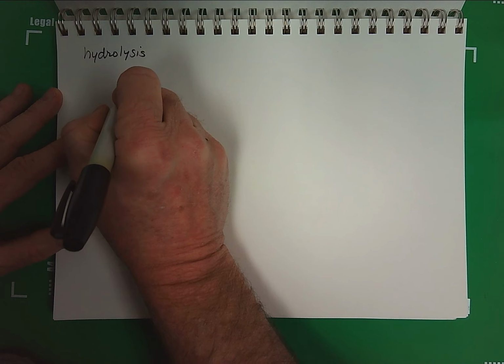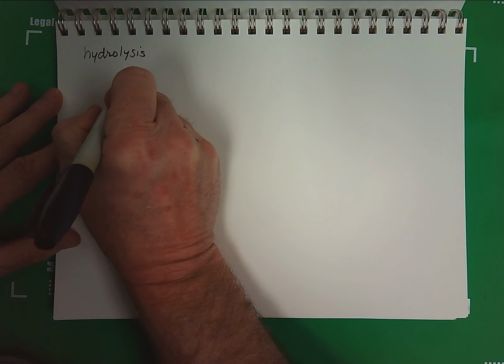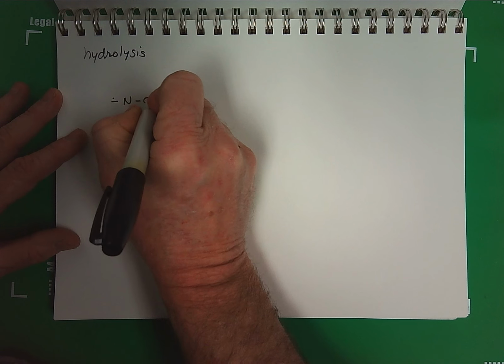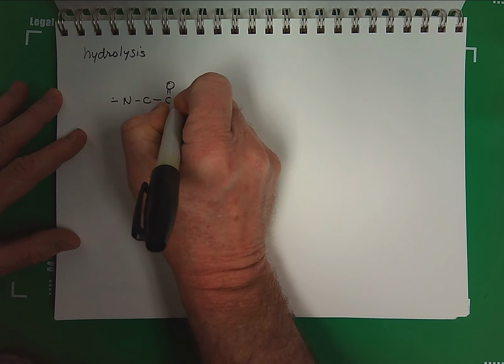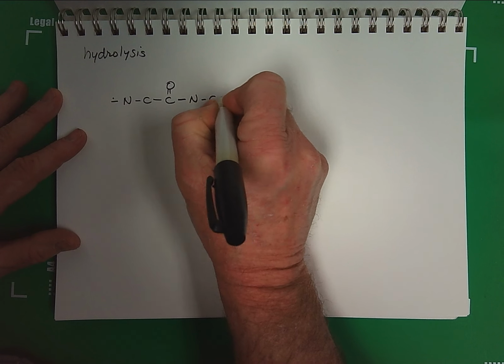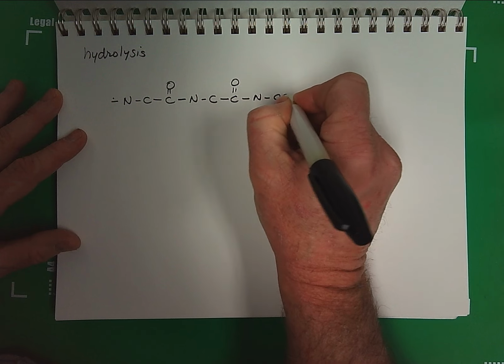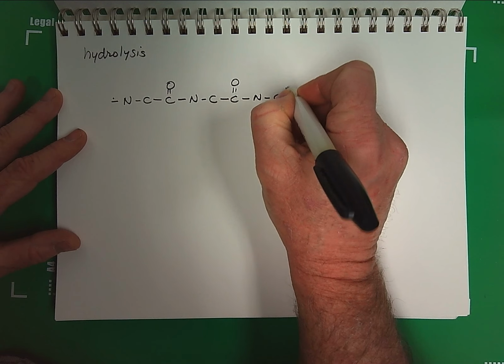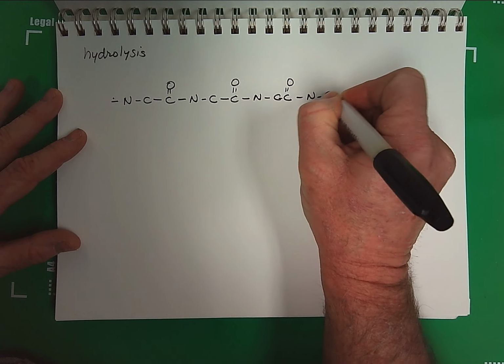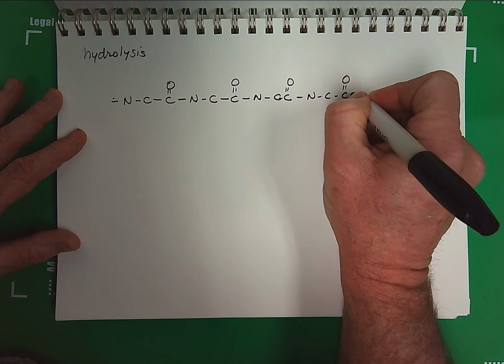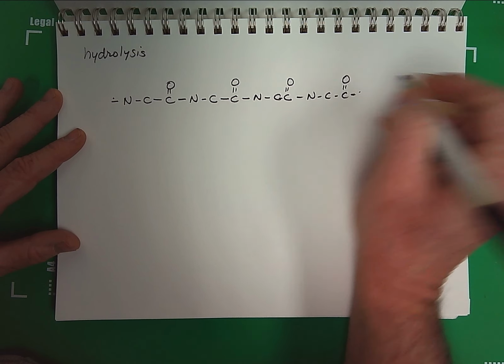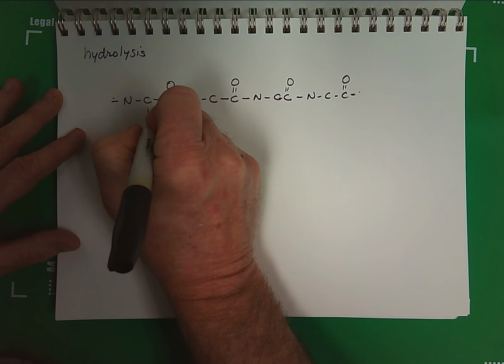So what we are going to want to do next is to digest the protein into amino acids. I'll just draw a little bit of a protein here. Here's our R groups.